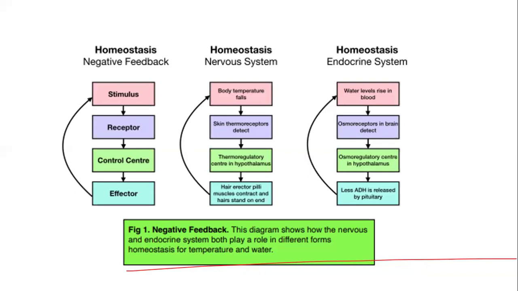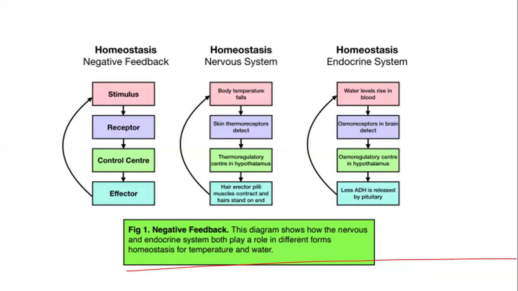When we have a stimulus, the receptor will detect that stimulus, then send a message to the control center. Then the control center will send an impulse or a message to the effector. Then the effector will bring about a corrective measure, and then we have that feedback. Basically, this is what happens.